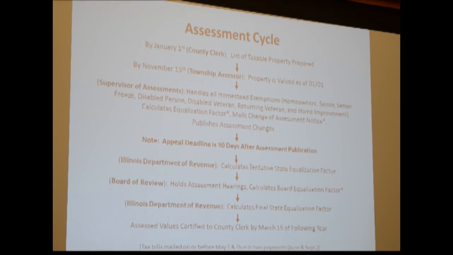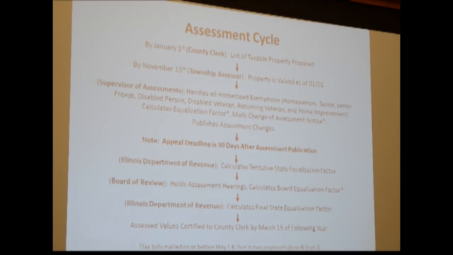If the assessed valuations in your area are not at 33 1/3%, now let me back up. The Illinois Constitution mandates that every piece of property in Illinois is assessed at 1/3 of its market value. So that means from the Wisconsin border to Kentucky, every piece of residential property in Illinois is supposed to be assessed at 33 1/3%, 1/3.